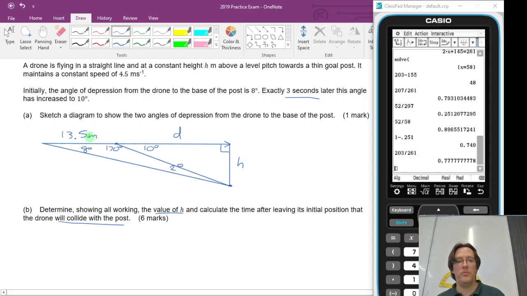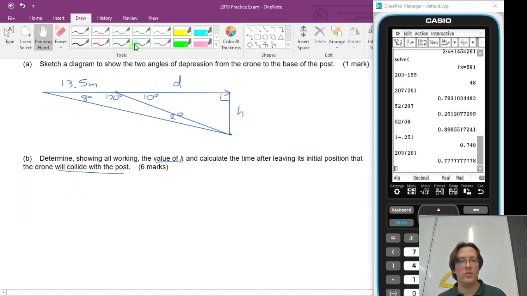Or we can look at the fact that we've got two right-angled triangles and solve that using some simultaneous equations. I'm actually going to use the simultaneous equations method and see what we can work out there. So we've got one right-angled triangle. So if you've got your ClassPad solver, you can also solve for this triangle here, work out what this is, and go from there. But I'm just going to use simultaneous equations.